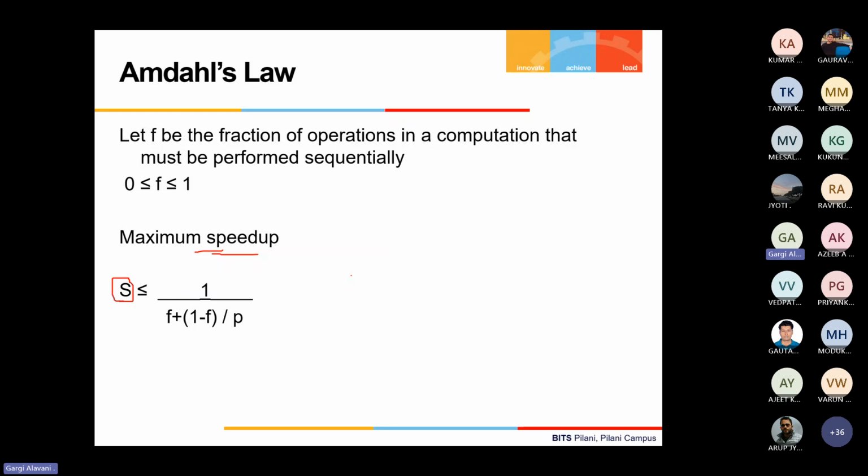Any other? Before that, can you tell what the ideal speed up value should be? The ideal speed up is expected to be P, the number of processors that you use.